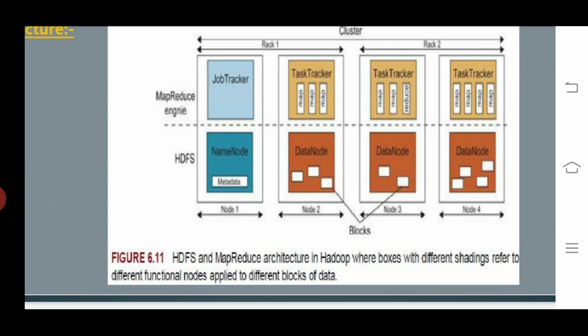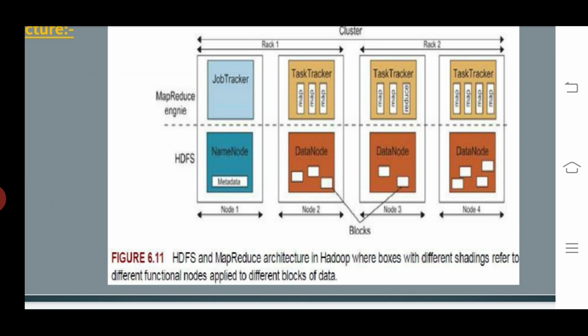The figure illustrates the Hadoop file system and MapReduce architecture in Hadoop, where boxes with different shadings refer to different functional nodes applied to different blocks of data.